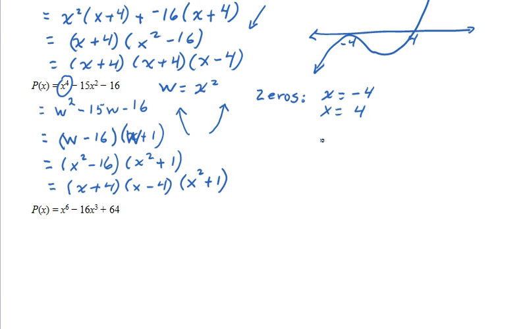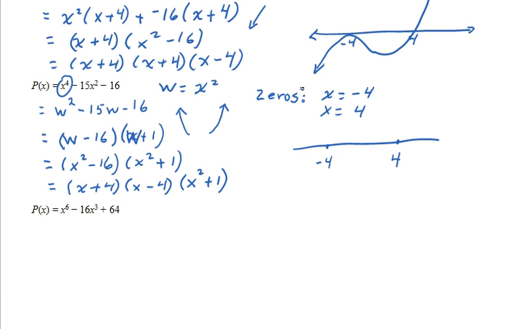Now, as I draw this graph, I'm going to ignore the x squared plus 1. However, that may cause extra wobbles in the graph, if you like. I'm going to concentrate on negative 4 and positive 4 as being zeros, as well as the end behavior.